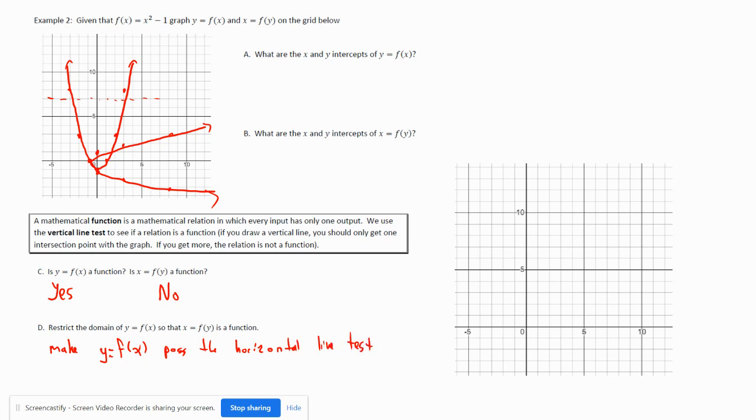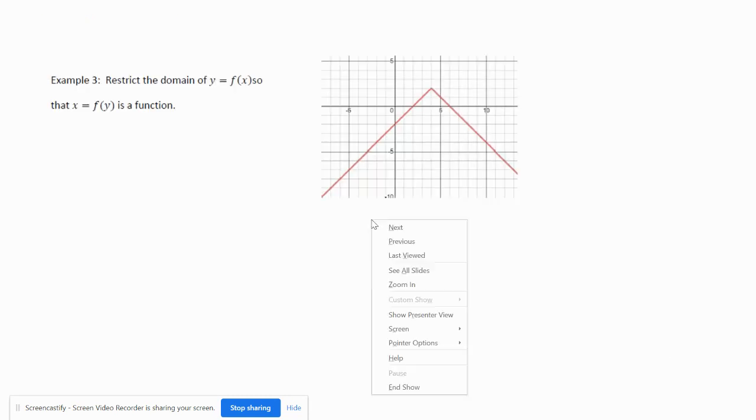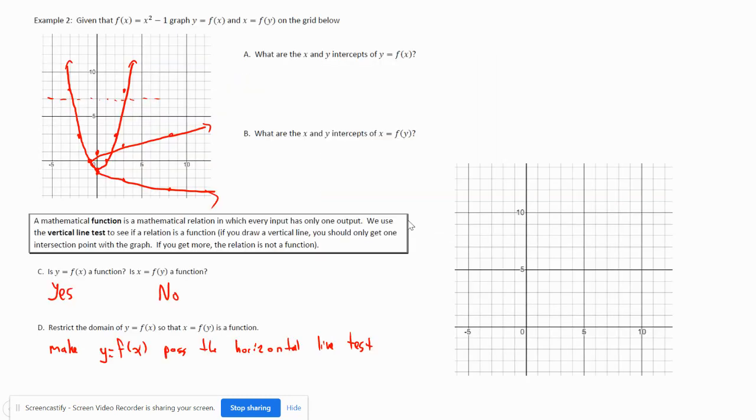So I'm going to say restrict the domain. This graph is going like this, right? Well, if I only graph this half over here, the domain I'm restricting this to is from 0 to infinity, okay? And that means I'm only graphing this part over here.